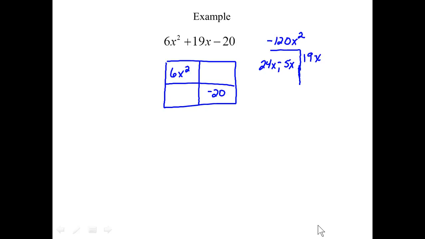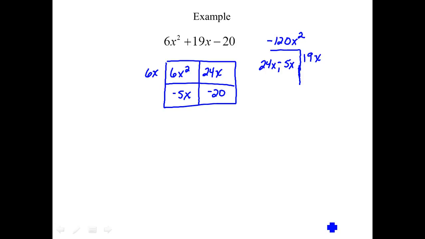Now, those 2 numbers, 24x and negative 5x, are going to go in the empty boxes, and it does not matter where you put what. So I'm going to put the 24x up here, and I'm going to put the negative 5x down here. Now, you go back to the number 1 thing that we learned in factoring. You're going to factor out the greatest common factor. So, the greatest common factor between the top 2 boxes is going to be 6x.